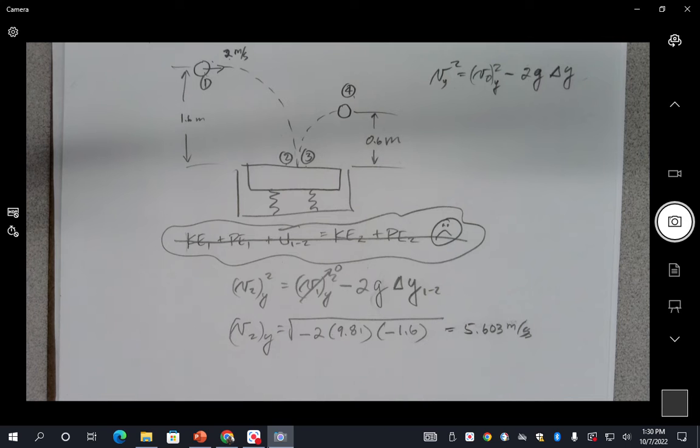Well, I just have a question. The change in y, because we're looking at it from 4 to 3, would that also be negative because we're going backwards? No, but we're going to have 0 is equal to the velocity at 3 squared minus 2 times gravity times the height.